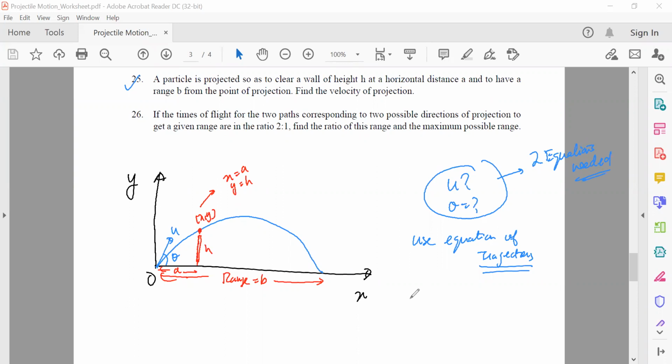The first equation you can use is the equation of trajectory at the point P, where P is this point. And second is to use the formula for range. And then between the two equations, you have to solve for u.